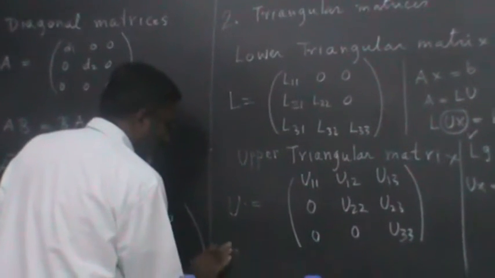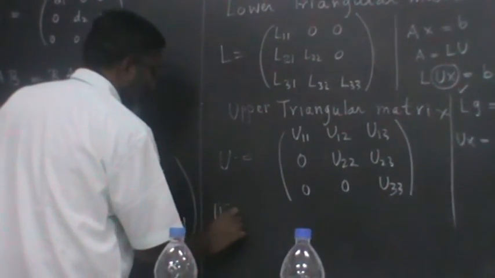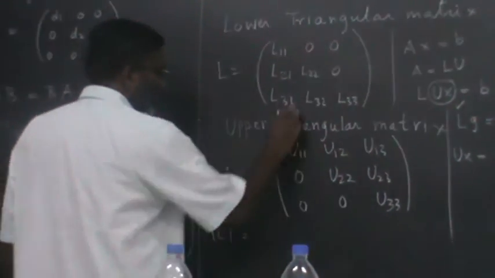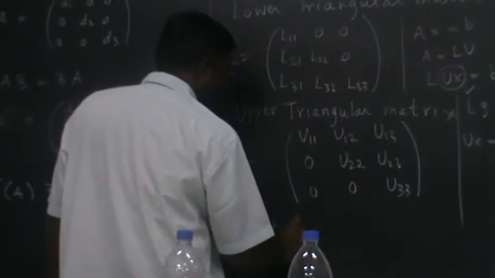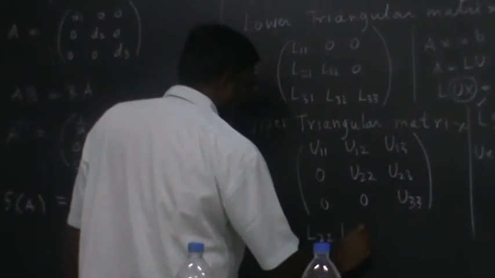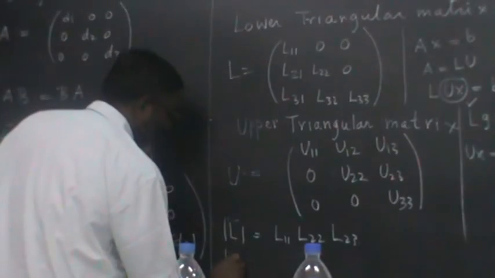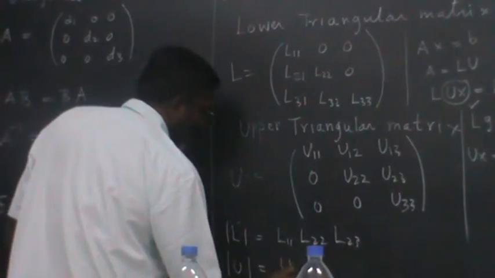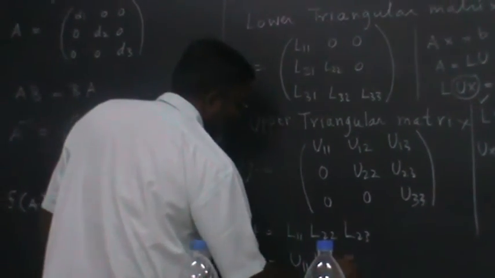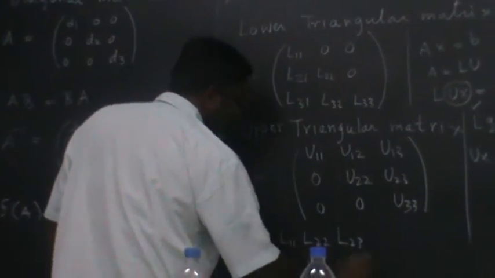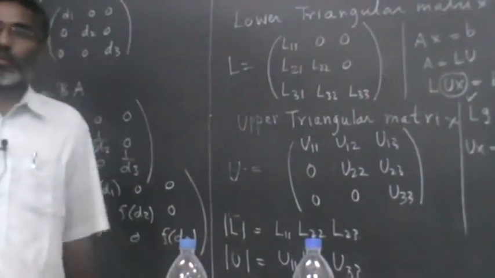In this case you can also see that the determinant of L is the product of L11, L22, L33. Similarly, the determinant of U is the product of U11, U22, U33. In fact, this is very, very important.